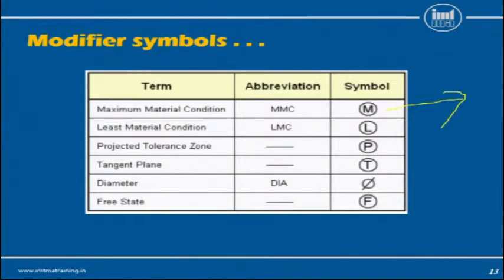The other symbols like L, which is signifying least material condition, the P, T, F, etc. are used a bit rarely, and of course, the dia symbol is again common in some of the orientation parameters and location parameters. We will discuss the individual meaning of each symbol as we go along our discussion.